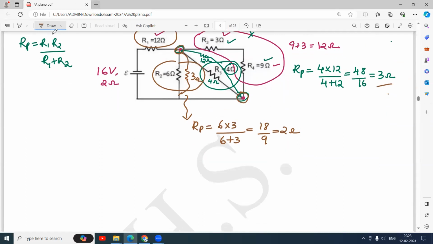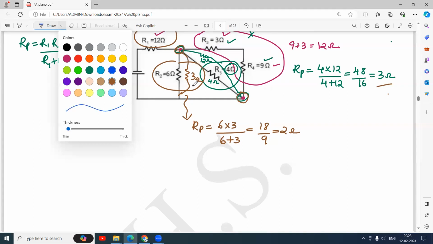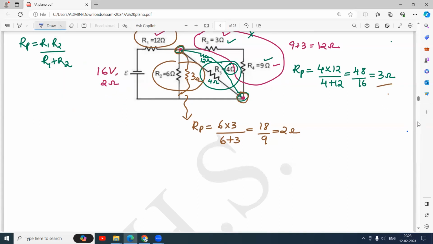I have the circuit like this: a 16 volt battery and a 12 ohm resistor here, and the remaining 2 ohm. This is 16 volt, 2 ohm.